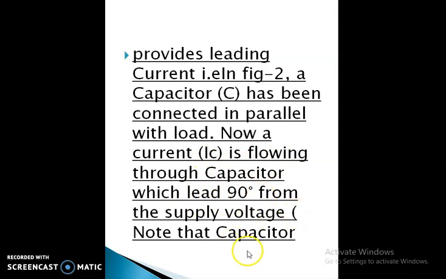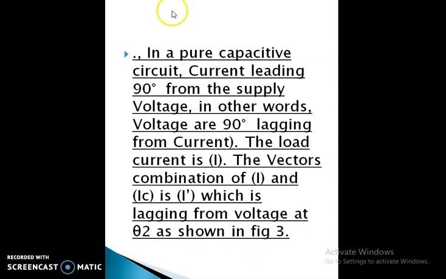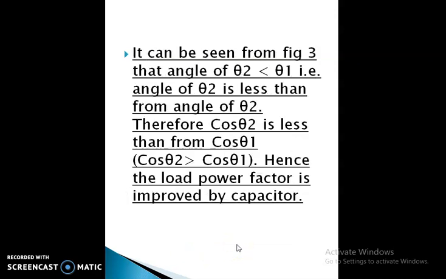Note that in a pure capacitive circuit, the current leads the supply voltage by 90 degrees. In other words, voltage lags the current by 90 degrees. The vector combination of I and IC is I dash, which lags the voltage by theta 2 as shown in figure 3.